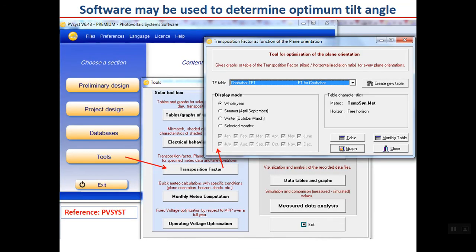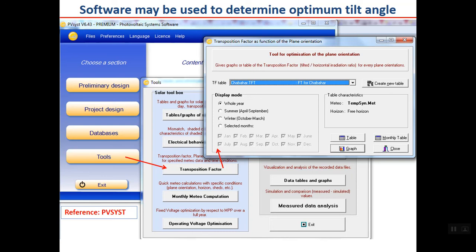You may also use the optimum tilt angle with commercial software. For example, you can see here a screenshot from PVSyst, which is a solar PV system design software. There are different ones, which we will discuss later, for example PVSol, Polysun and others.